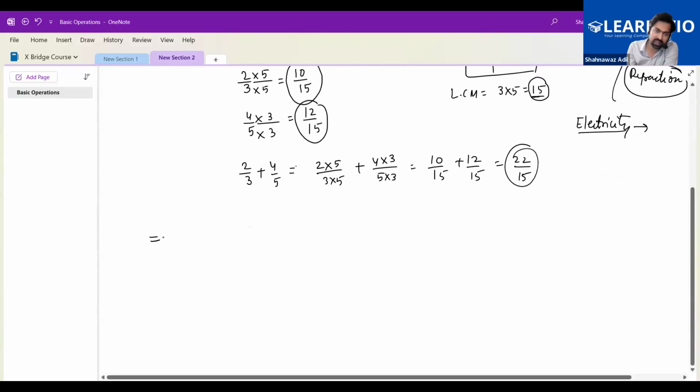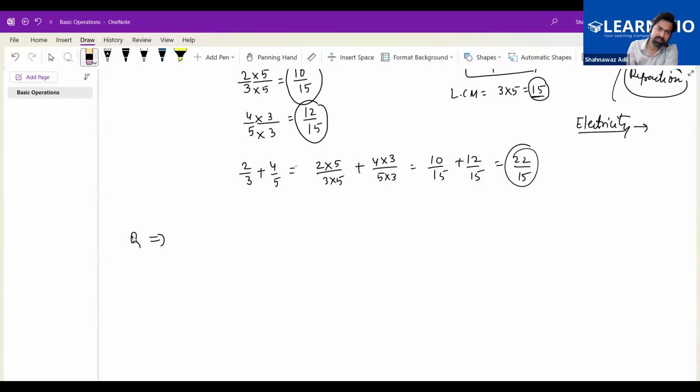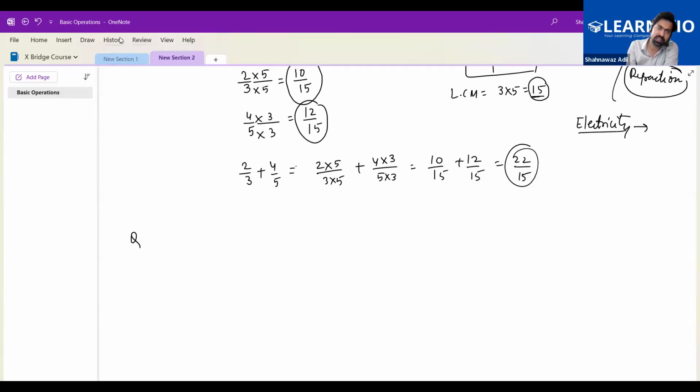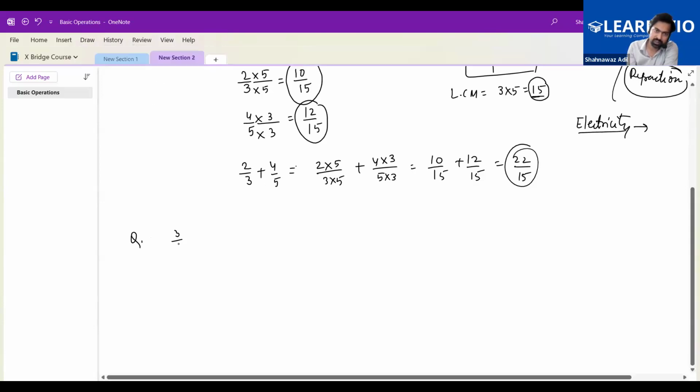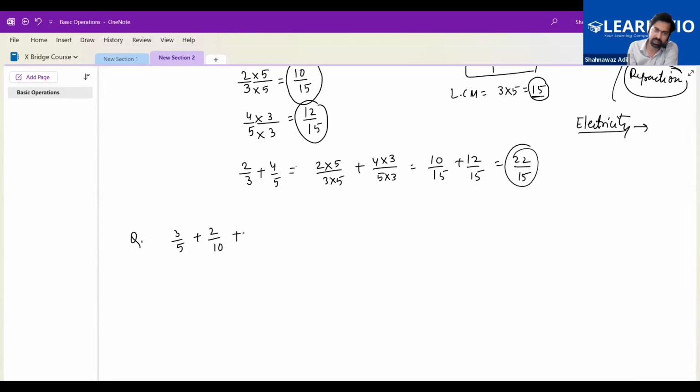So let's say you have this question, and please solve this part and tell me what you guys are getting. You have 3 by 5 plus 2 by 10 plus, let's say, 7 by 80.